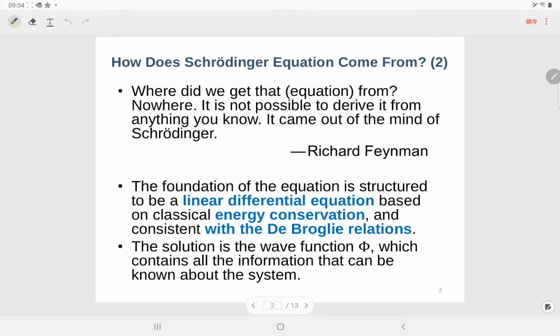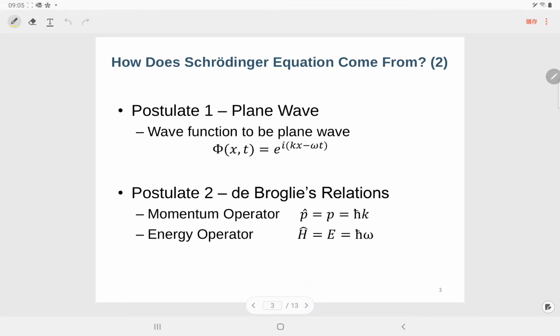So actually, yesterday we have already mentioned a little bit about this page, so just skip it. If you try to explain how the Schrodinger equation comes from, we need to make some assumptions. The first one is we assume the solution will be a plane wave.